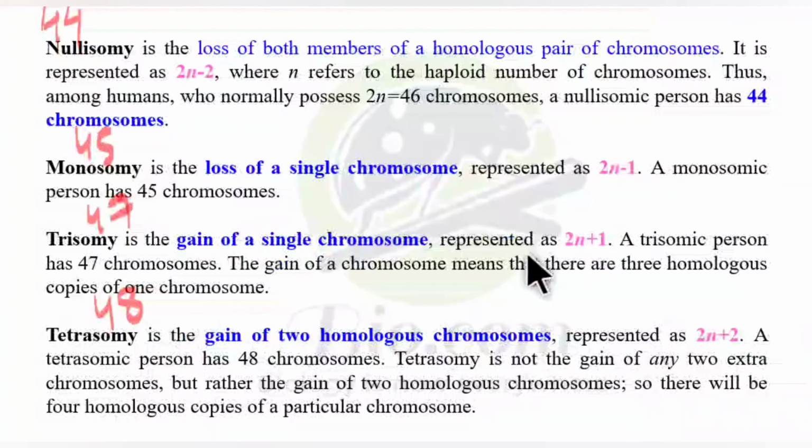So this can be asked either in a match the following question or in a single format question. Also, the formula can be asked in the matching format. So remember it, and you can also take the screenshot.